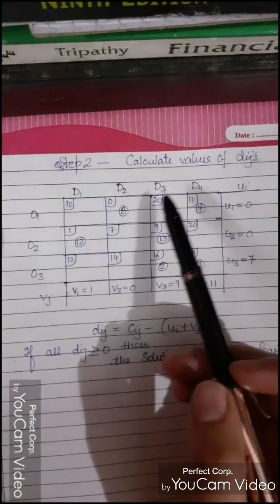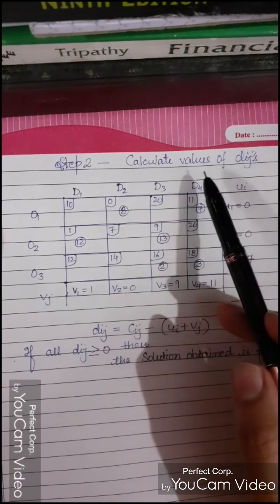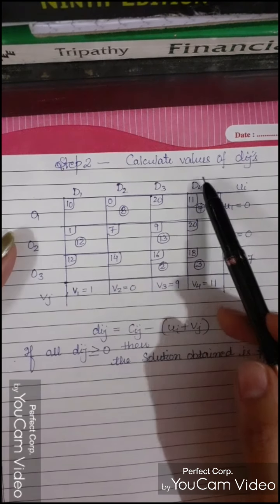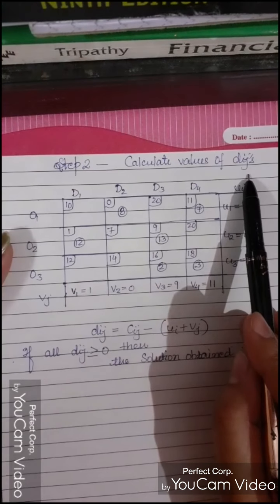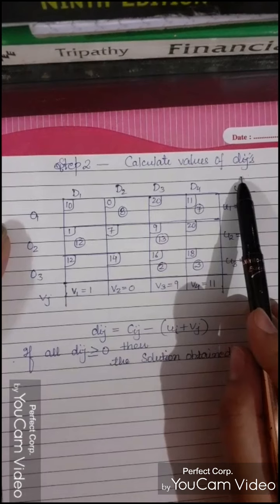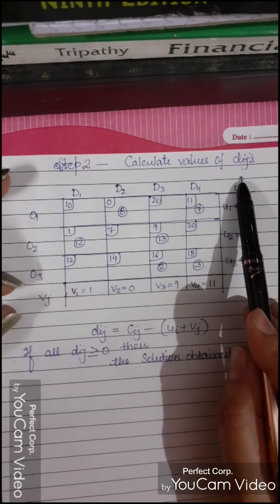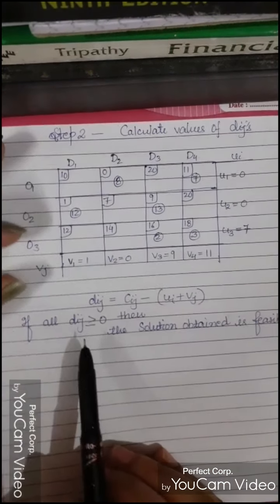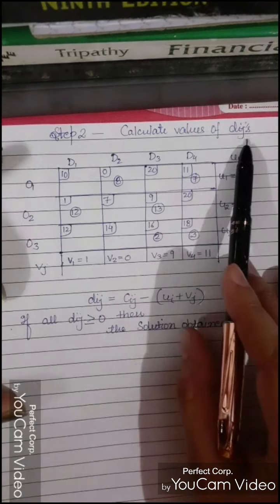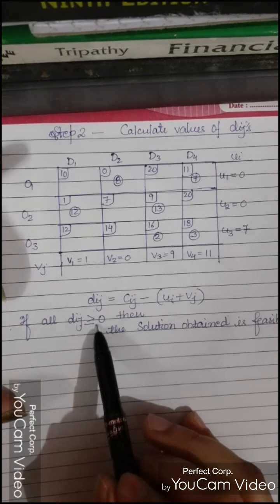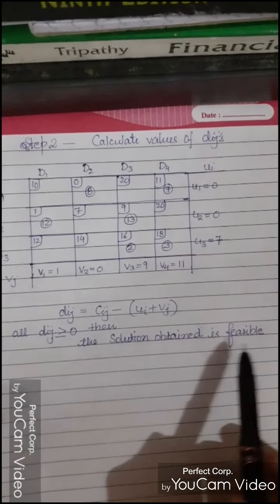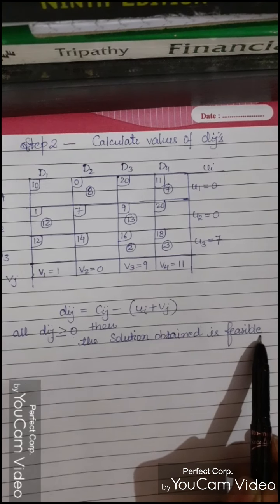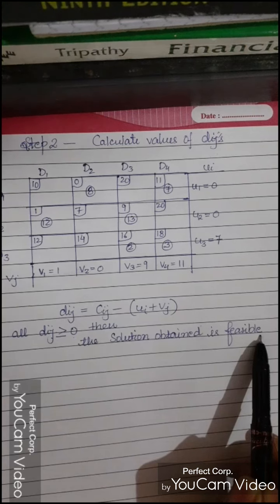Now we will discuss the second step for calculating the optimal solution, and the second step of the MODI method is to calculate the values of Dij's. Why do we calculate the values of Dij's? The reason is, if the values of all Dij's obtained are greater than or equal to 0, then we can say that the solution obtained is feasible and the question will end.